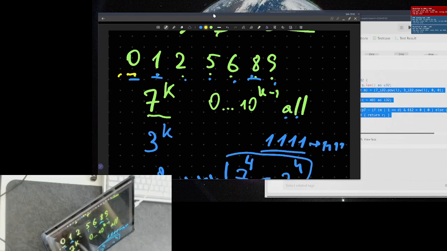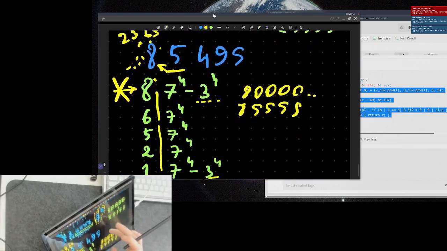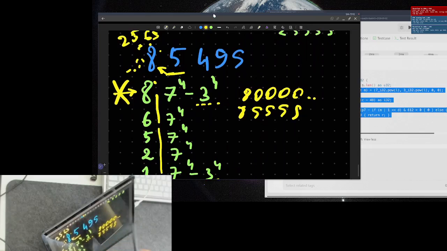We can use all 7 digits. So I hope I explained it.